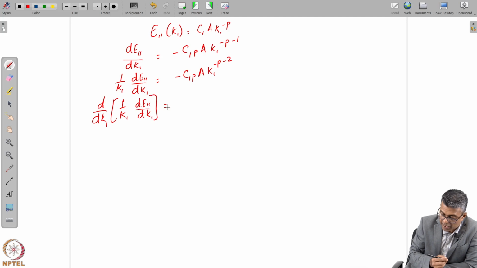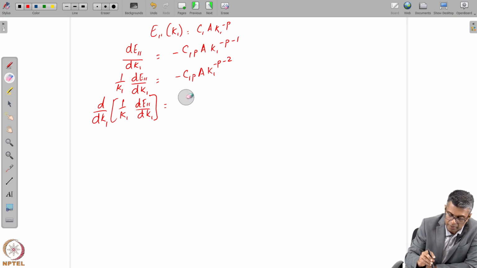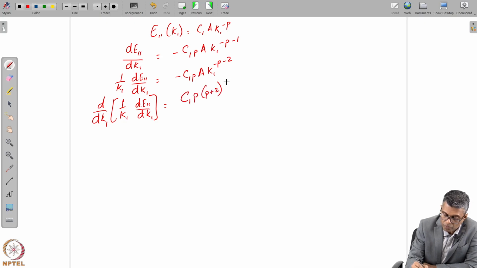Then I take a derivative again, isn't it? So then the negative goes away and I'll have C1 P times (P plus 2) A kappa 1 to the minus P minus 3, isn't it?